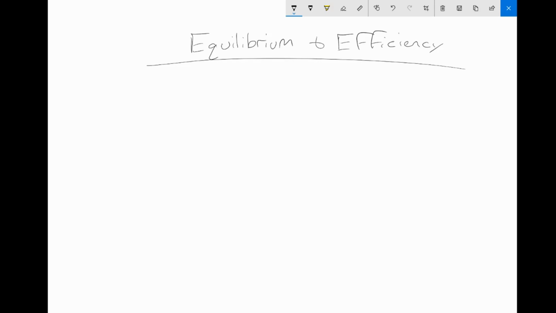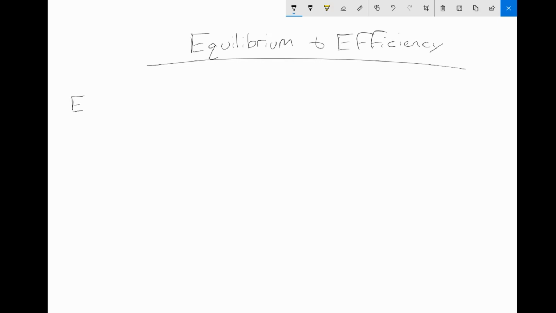Today we're going to get into the concept of a market equilibrium, and we're going to discuss notions of efficiency. So when do rational agents interacting with each other in an economy achieve efficient outcomes? Okay, with that said, let's do a brief review and definition of some concepts.